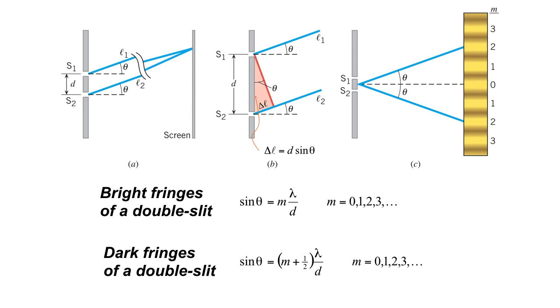And maybe you get the sharpest dark fringe down here at m equals 3. Okay, measure it. And you just put in a 3 up here, and then 3 plus 1/2, so that's 7/2. And then get d. You know what d is because you built the device, and you just measured theta, so you can still figure out lambda. Right? So you have your choice of what you want to do.